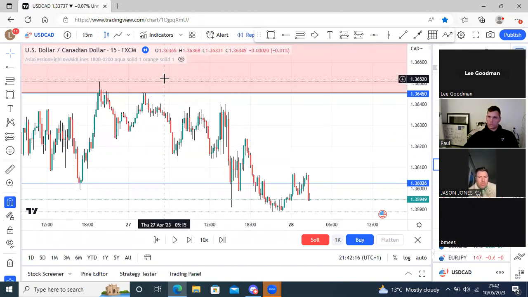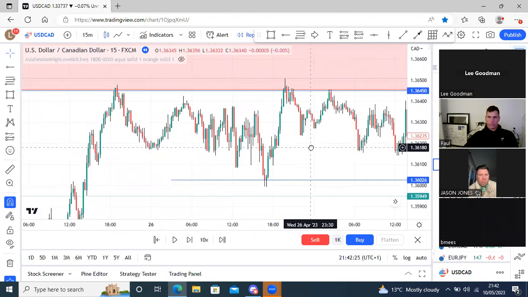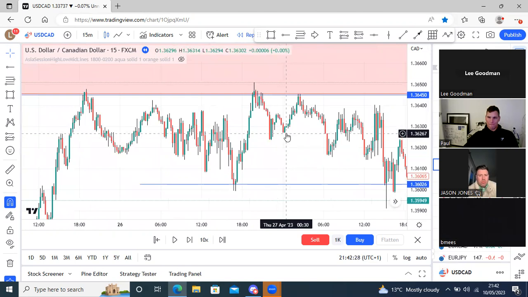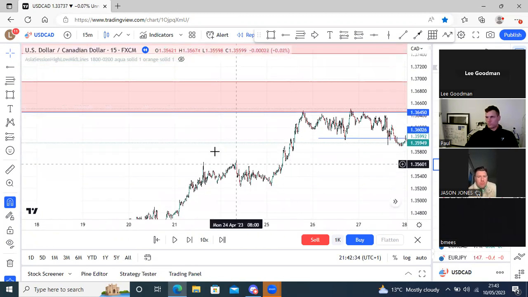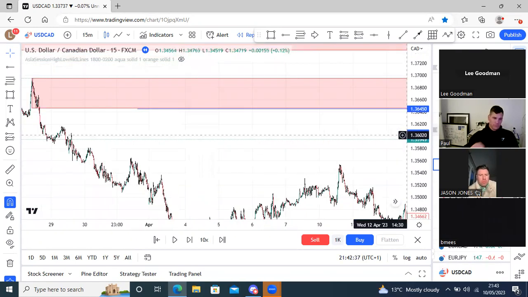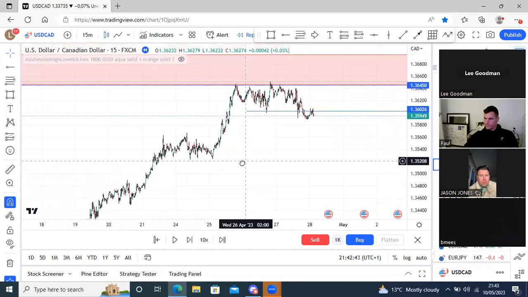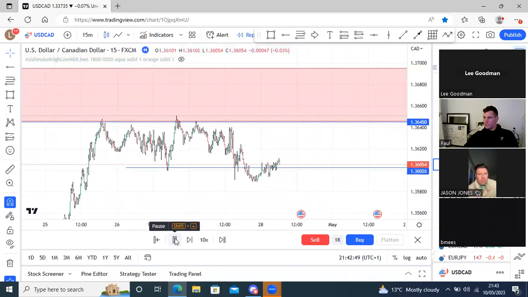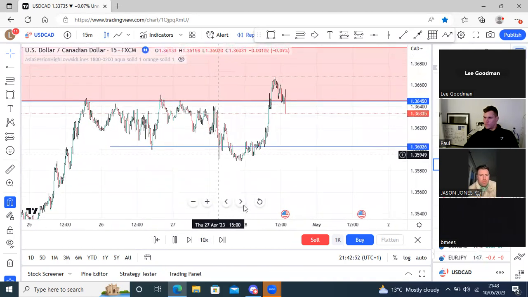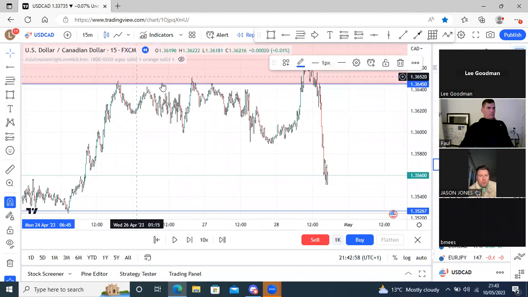I'm still waiting for this structure here. But I'd still have had my alert down there because this was just sideways movement really.